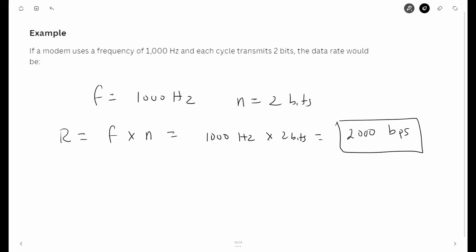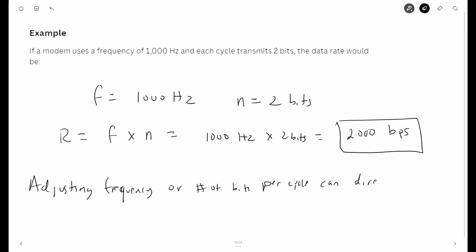Adjusting either the frequency or the number of bits per cycle can directly influence the speed of the data transmission.